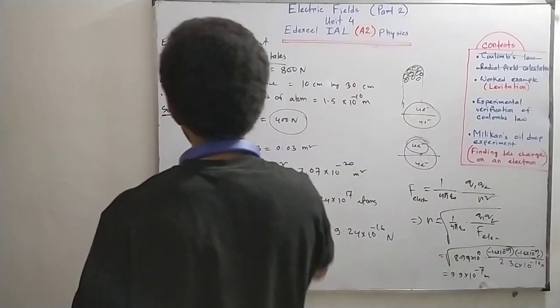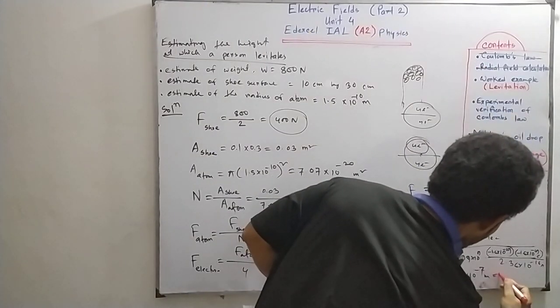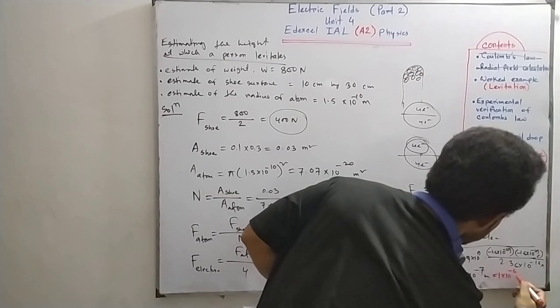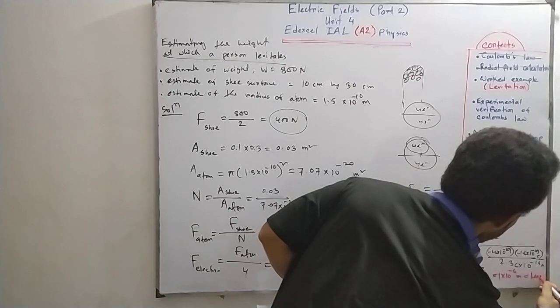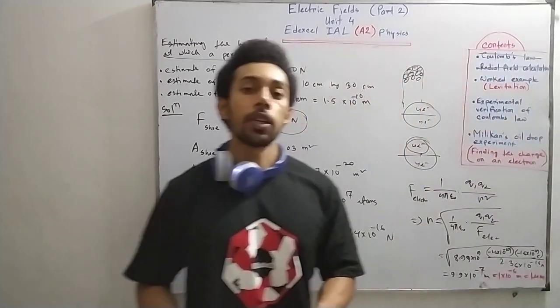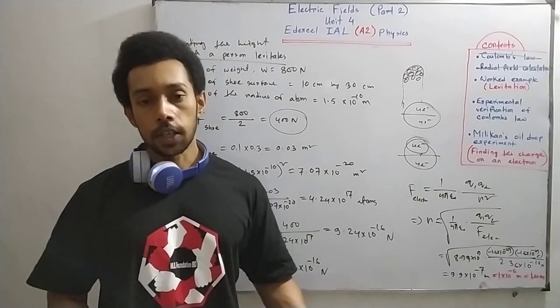That is approximately 1 into 10 to the power minus 6 meter, approximately 1 micrometer. So you are levitating at a height of 1 micrometer from the surface.